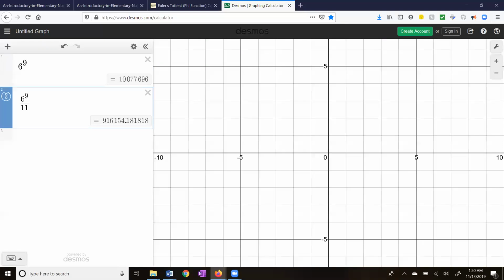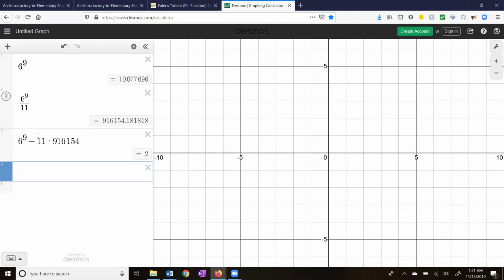In order to get the remainder, I'm going to take the whole number part and subtract it away. So I'm going to have 6 to the 9th power minus 11 times the whole number portion, 916,154, and that should leave my remainder.